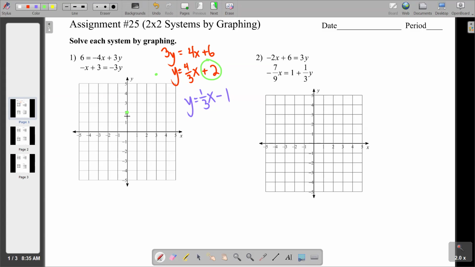You still have the ratio of 4 to 3 if you go down 4 and back to the left 3. Because sometimes the graph is going to boss you around and not give you enough room. And so then you'll take your ruler. I'm just going to estimate where this is. I'm going to put it low on purpose and then move it up because I missed a little bit.